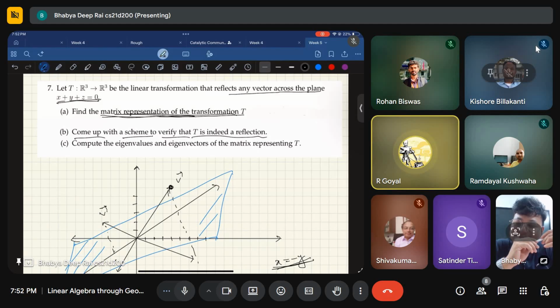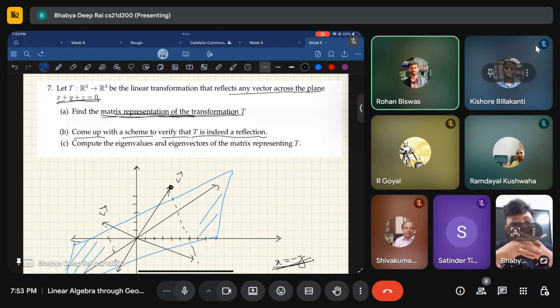I mean, if a linear transformation keeps all other things intact except one, which keeps the value but becomes minus, then it would be a reflection. Okay. But that's not an absolute check.